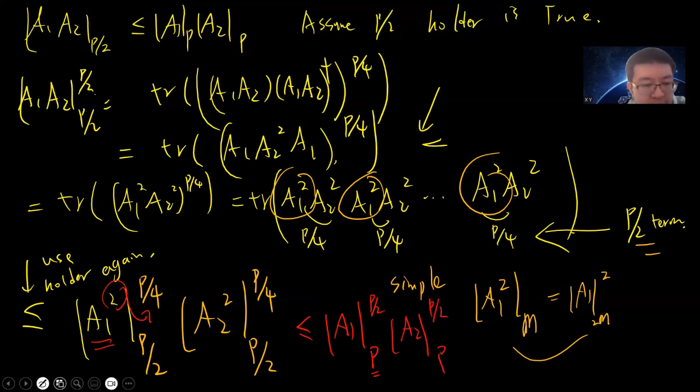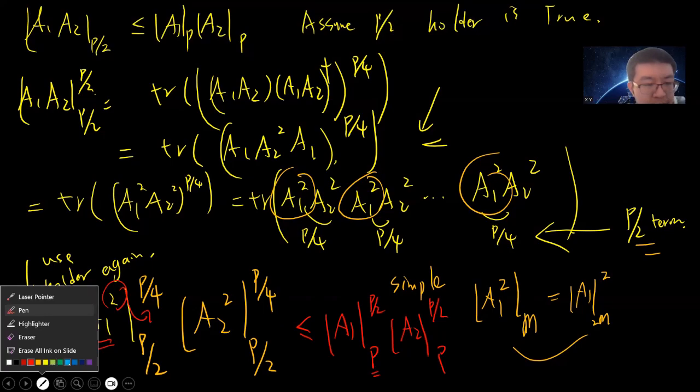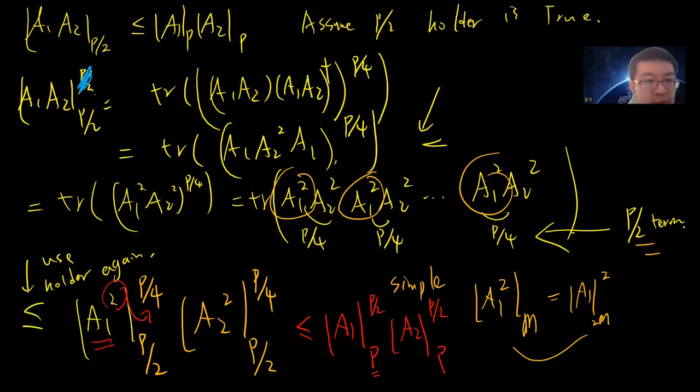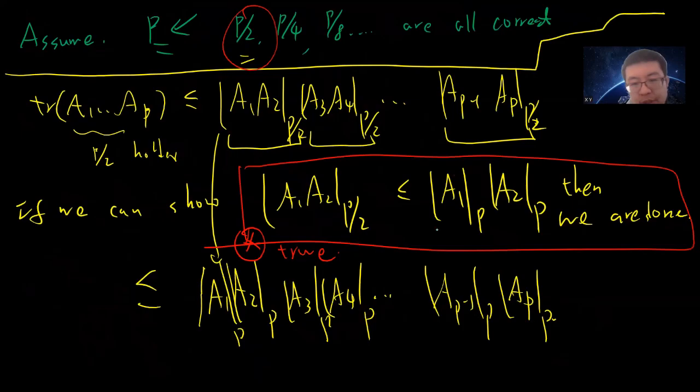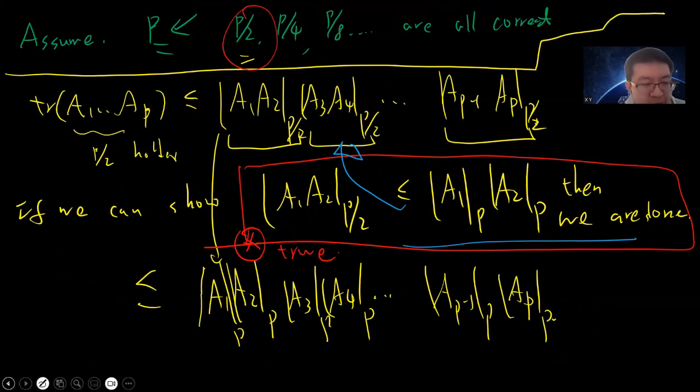Now we can just delete this p divided by 2; remove this, remove this. So what we have shown is that the norm of A1 A2 in p divided by 2 is bounded by the norm of A1 in p times the norm of A2 in p. So that's the proof. If this is correct, then we pull it back, and we finish the Holder inequality proof. That's very simple.